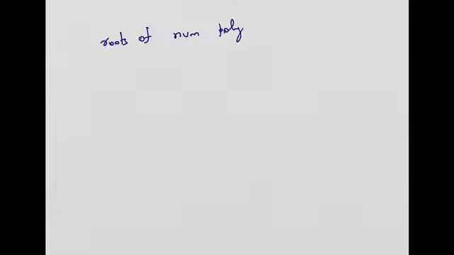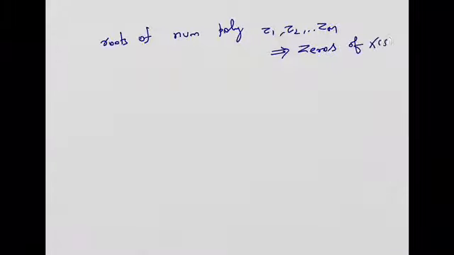What do you mean by roots? Let me introduce that. What do you mean by roots of the numerator polynomial? Roots of the numerator polynomial z1, z2, z3, zm will be called by a special name. They are zeros of X of s.